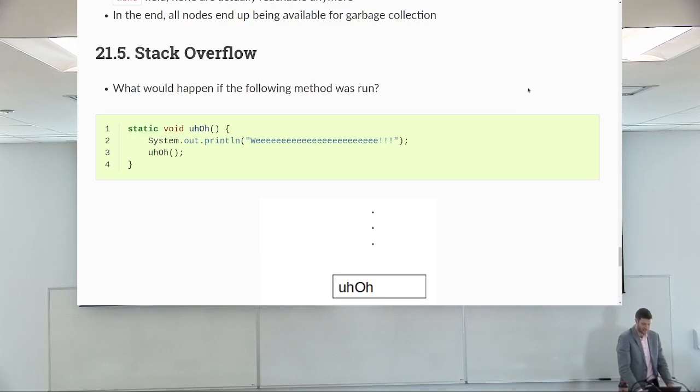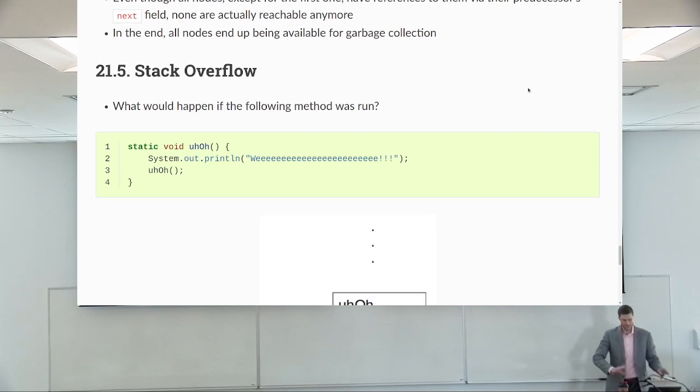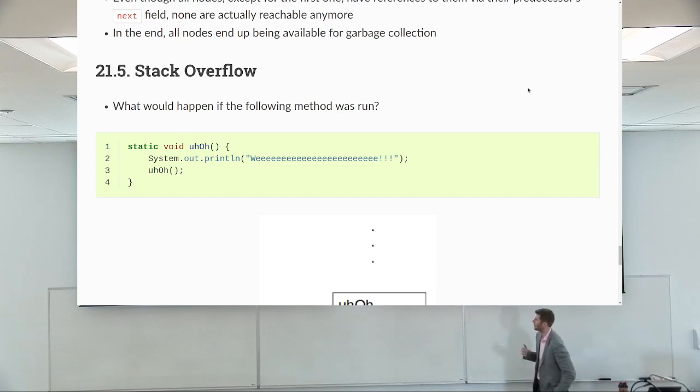Now there's an interesting thing to observe here. How is that method defined? Well, this is what it says. It prints out "we," and then calls itself. Meaning, the definition of that method, which is what's written right here, includes itself.